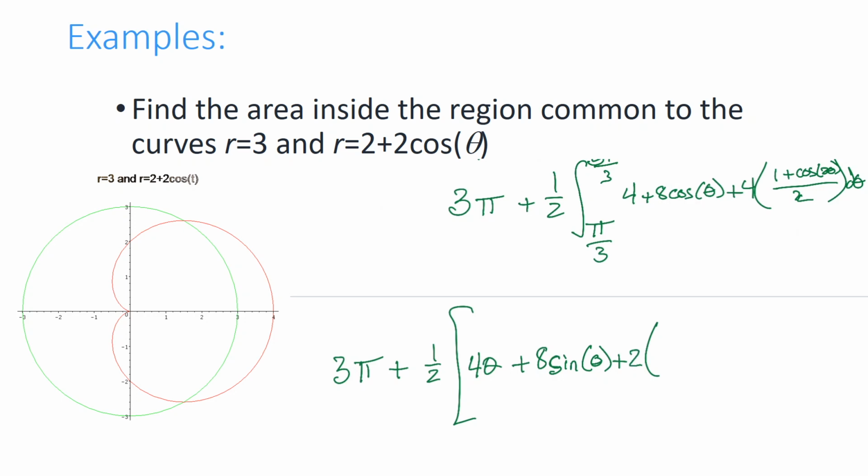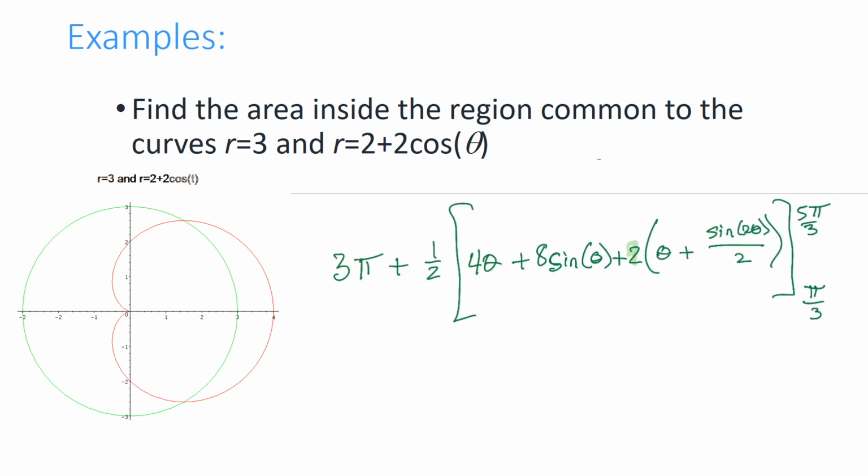Anyway, the antiderivative of 1 is theta. The antiderivative of cosine 2 theta is sine 2 theta divided by 2. And we're evaluating this from pi over 3 to 5 pi over 3.